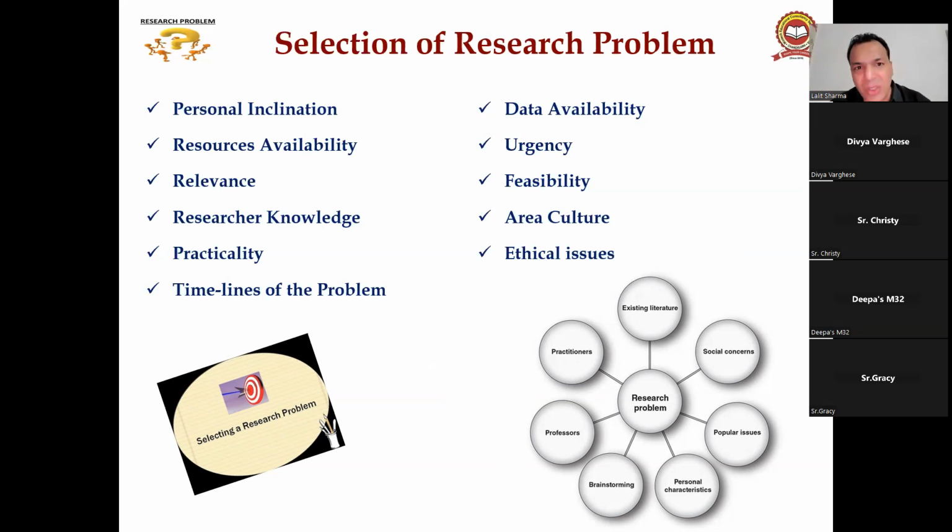Whenever you have to select a research problem, these are some of the points to keep in mind. This is called research methodology, basically. Keep in mind personal inclination, resource availability, relevance, researcher's knowledge, practicality, timeliness of the problem, data availability, urgency, feasibility, area, culture, ethical issues.